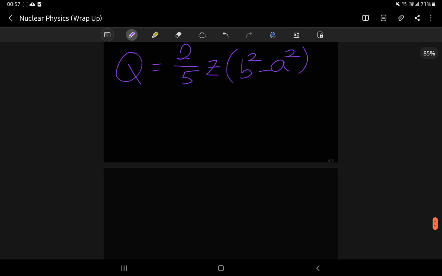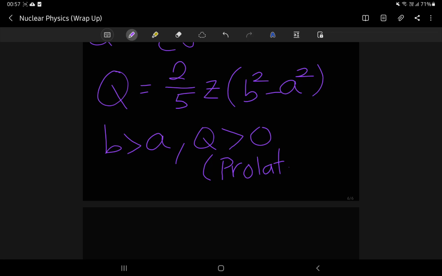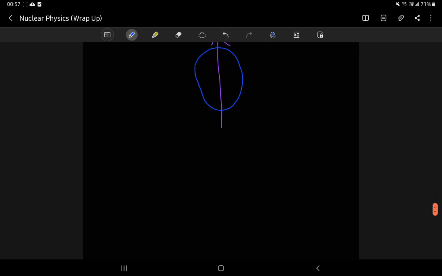So when b is greater than a, we have Q greater than 0, and this is prolate. So the shape of the nucleus will be prolate. Prolate will look like this, with this being the z-axis.